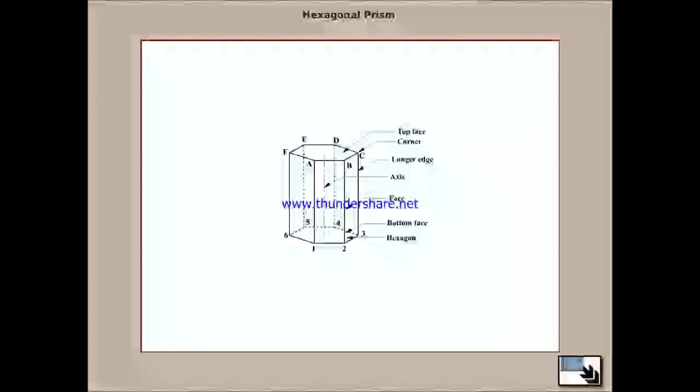Like this is a hexagonal prism. This top is the top face and the side is the corner face, longer edge, and axis is the middle one, and face is one side, and the bottom face is a hexagon. So this way we can name the hexagonal prism.